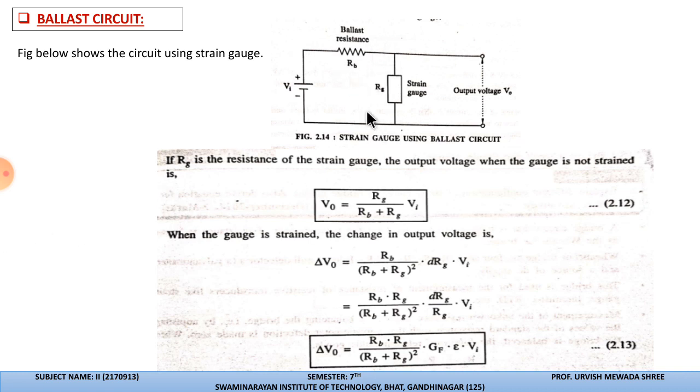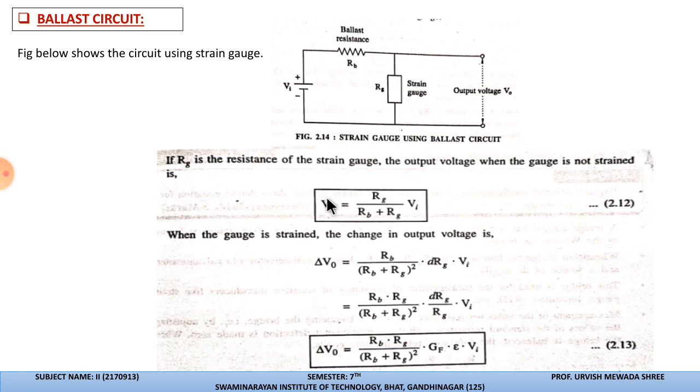If Rg is the resistance of the strain gauge, let's see the output voltage when the gauge is not strained, meaning we have not applied any strain on the strain gauge. Let's see the output voltage equation of this ballast circuit.